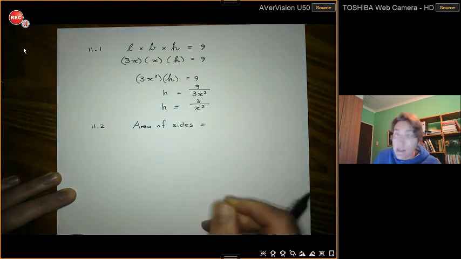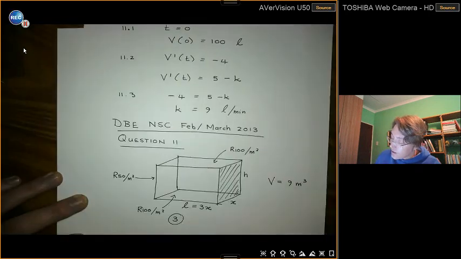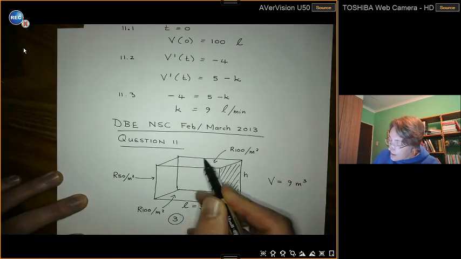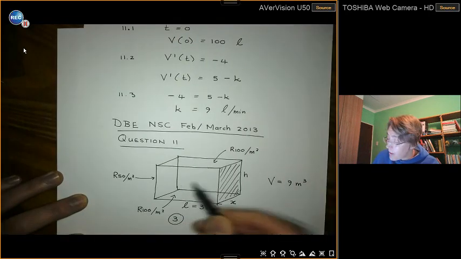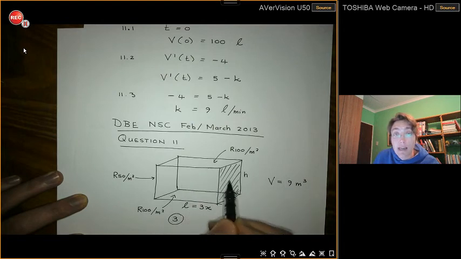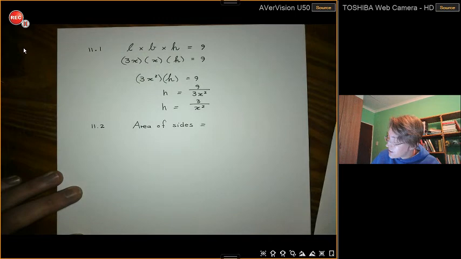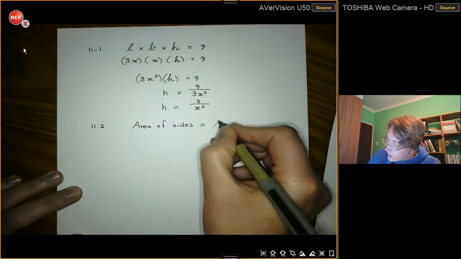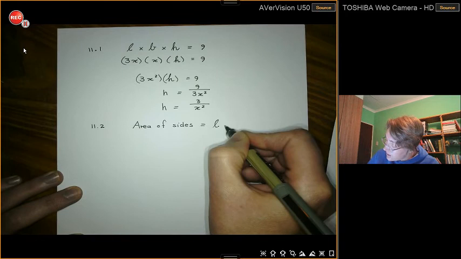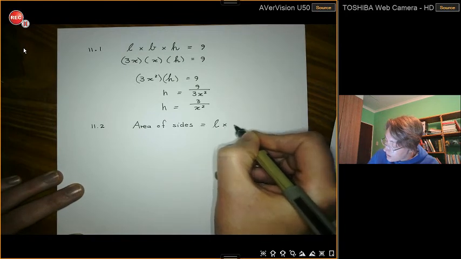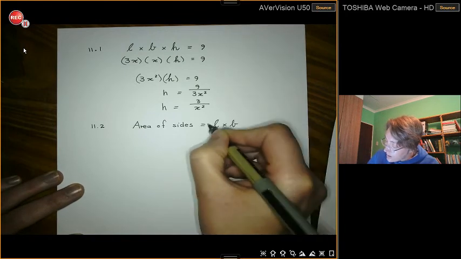And the area of the sides, if you think about it, there's going to be two congruent rectangles, front and back, and there's going to be two congruent rectangles which are going to be to the left and to the right. So the first rectangle up top there is going to be the length times the width or the breadth, and there's going to be two of them.